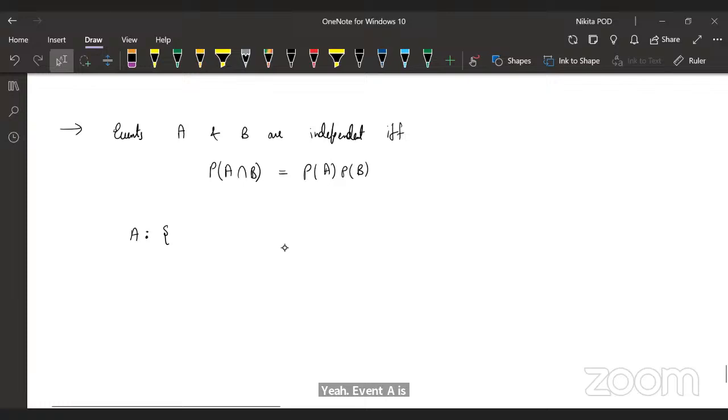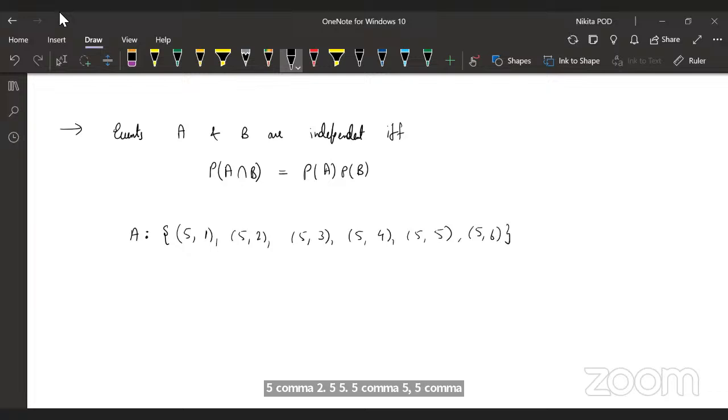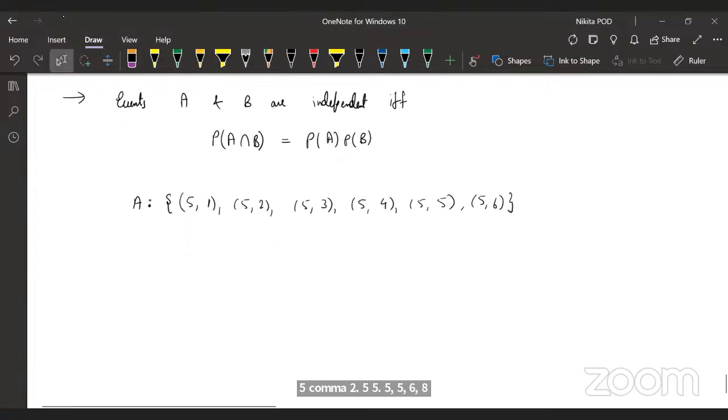Now, event A says the first die lands on 5, right? So that would be 5,1, 5,2, 5,3, 5,4, 5,5, 5,6. Event B says the sum of the dice is 10.